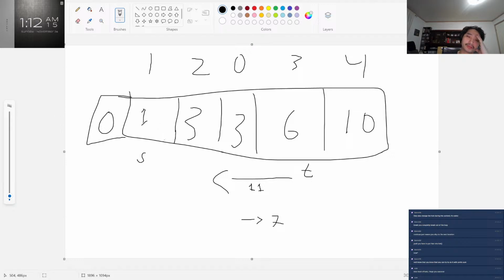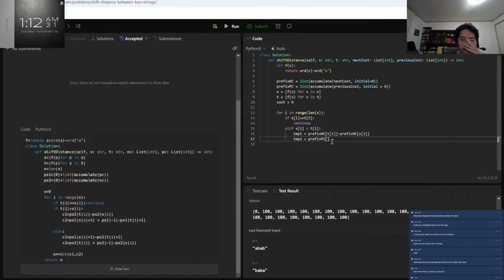Like hypothetically, if it's longer, it needs to do all of these and do all of these. I think I got it. I just need to ensure that I understand it. So we take the last.